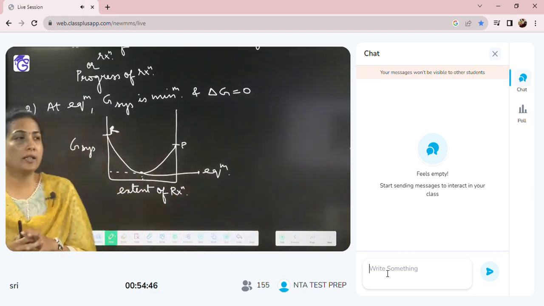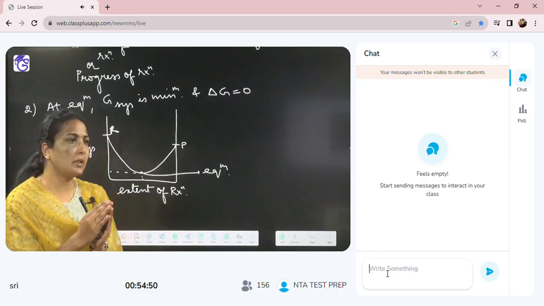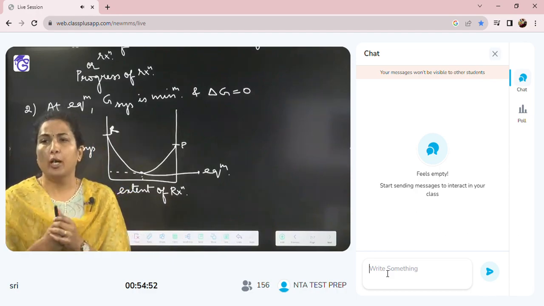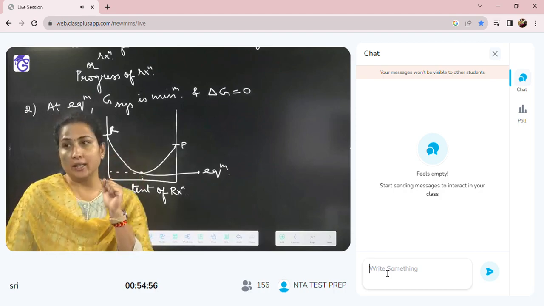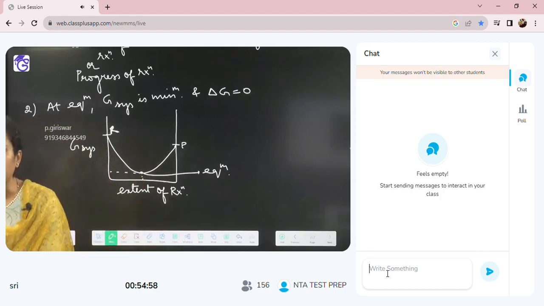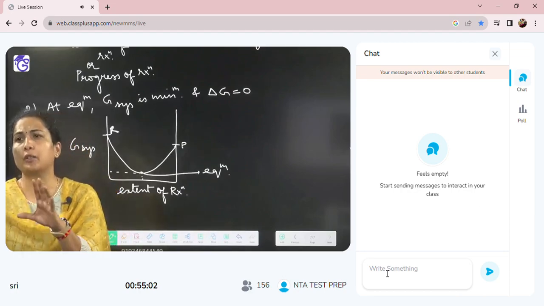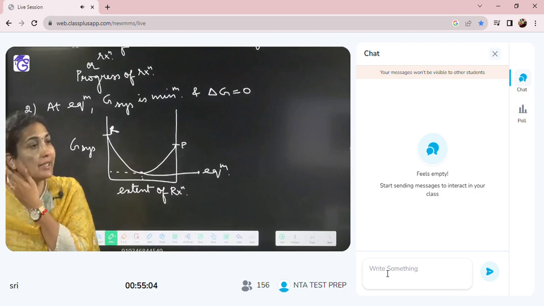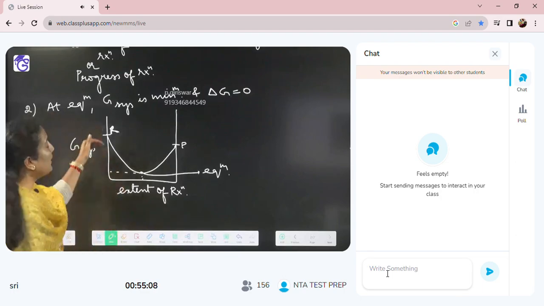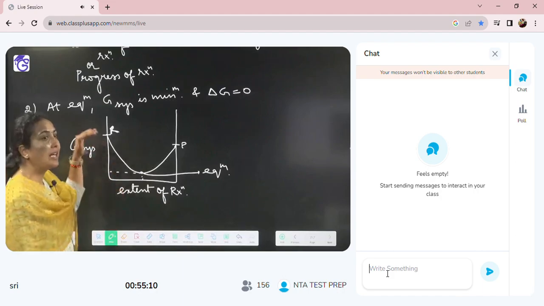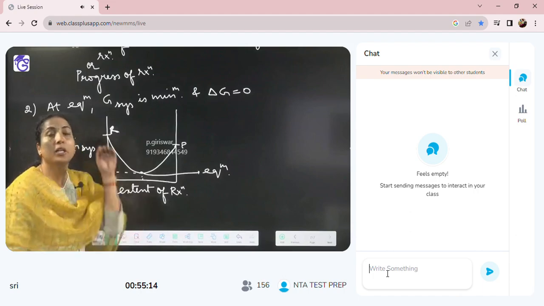Now let us take one example where after 30% conversion, your reaction is not going in the forward direction. What is that indicating? After the conversion of 30% of the reactant into product, the reaction is not moving further to the product side. The reason being, equilibrium has been achieved. Any reaction happens in that direction where G system is decreasing.